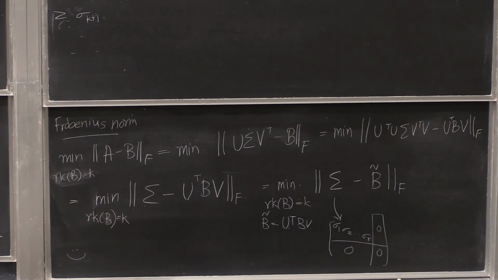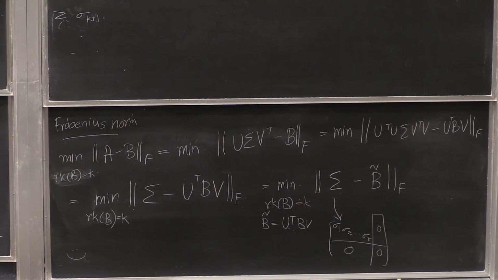So would I ever choose to put a non-zero element in a non-diagonal spot on B if I'm trying to minimize this thing? No. Makes no sense, right? So what is the natural minimizing B twiddle that you might want to choose? Sigma.